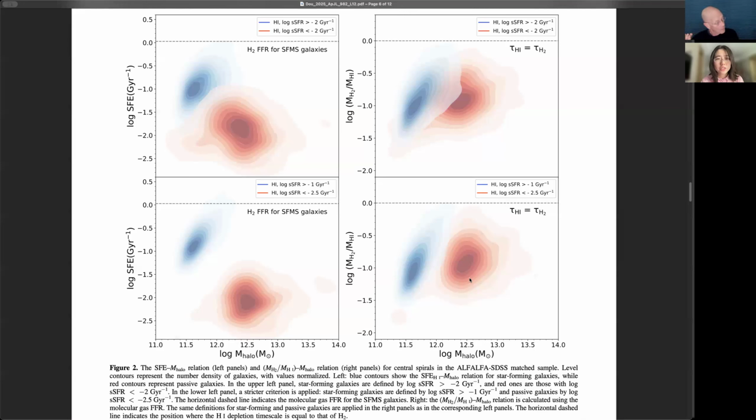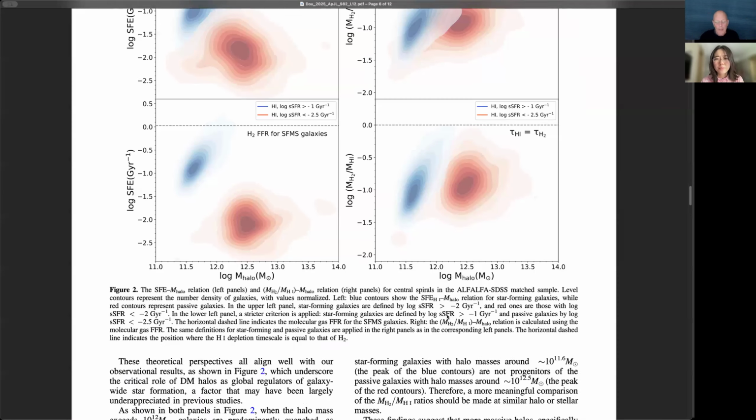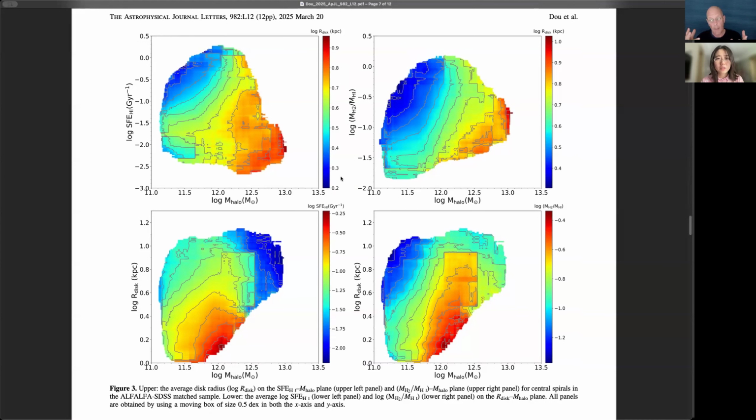And our next question is, what's the role of other dark matter halo properties such as the halo spin or halo concentration? But in observations, it's very hard to obtain measurements of halo spin and concentration. So in figure 3, we used the disk size as a proxy for the halo properties, because in theory, the disk size is strongly correlated with the halo spin and concentration.